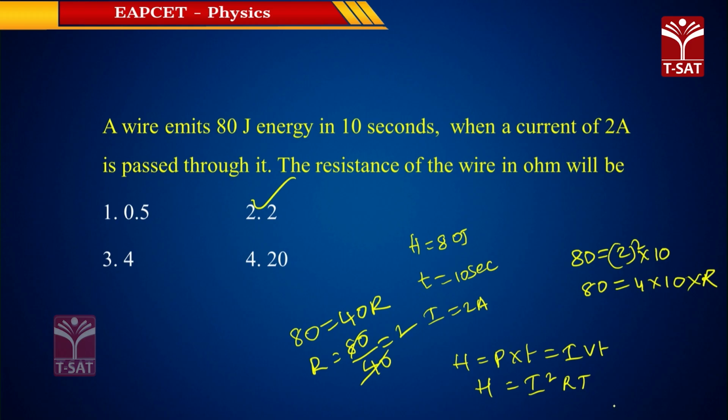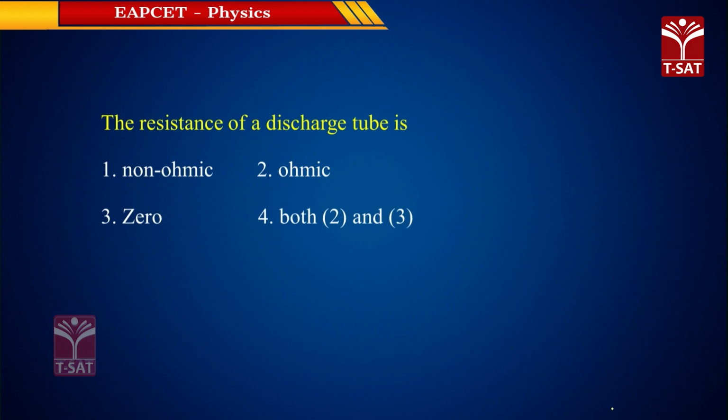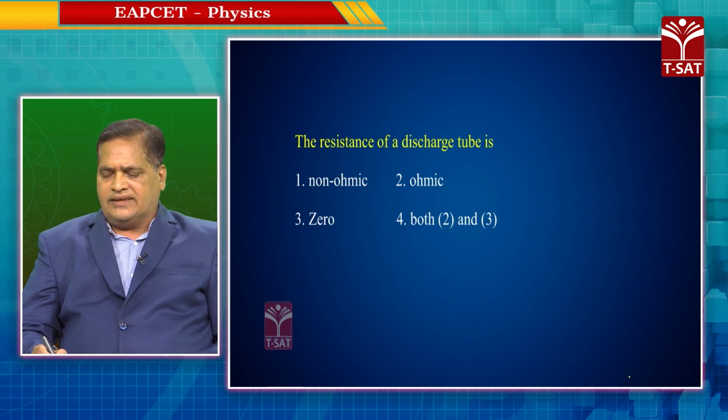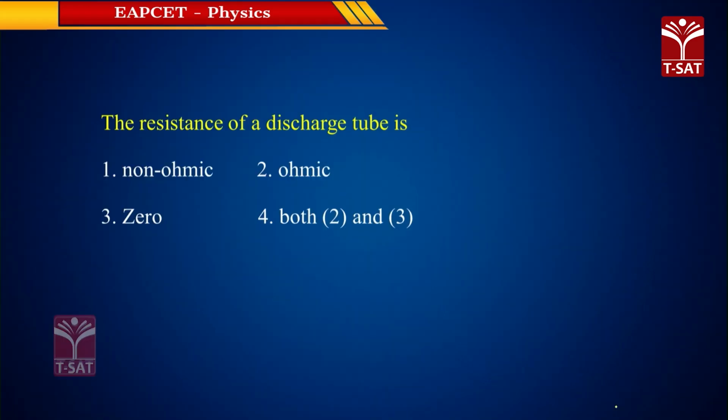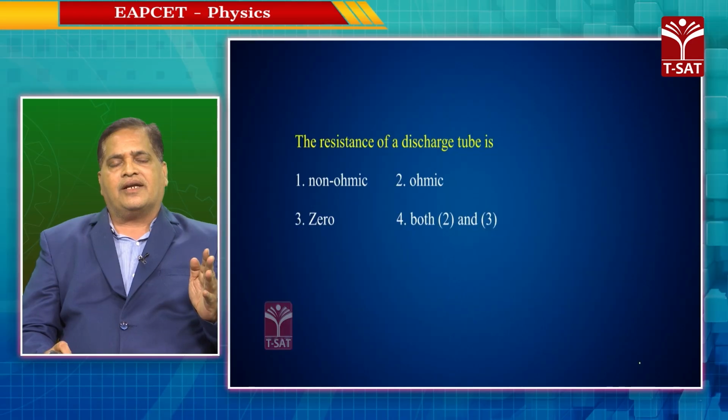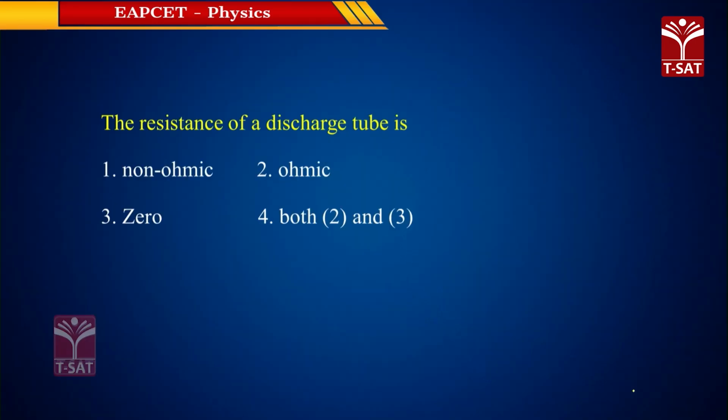And next, the resistance of a discharge tube. The resistance of a discharge tube is non-ohmic resistance, children. Non-ohmic means this does not satisfy Ohm's law. What is Ohm's law?